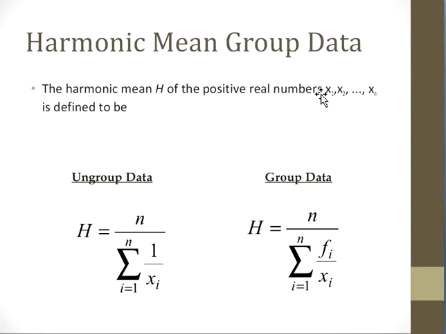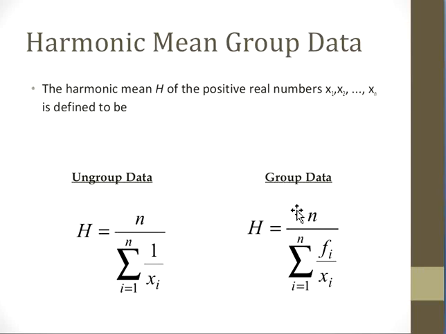Positive real numbers x1, x2 up to xn is defined, for ungrouped data, as n divided by sum of 1 by x. It is basically the reciprocal of the arithmetic mean of the reciprocals of the values. So we have taken the reciprocal of our values and the reciprocal of the arithmetic mean.